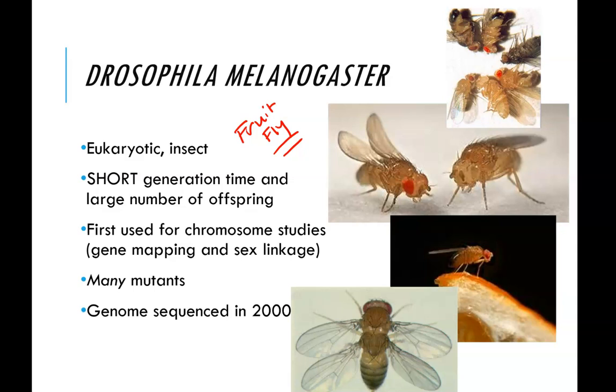And they are important because they are one of our eukaryotic or multiple-celled organisms that are model organisms. They're an insect. Obviously, they're a fruit fly. They meet several of our criteria for model organisms. They have a short generation time and lots of offspring. That's why you can get an infestation of them in your kitchen really easily.